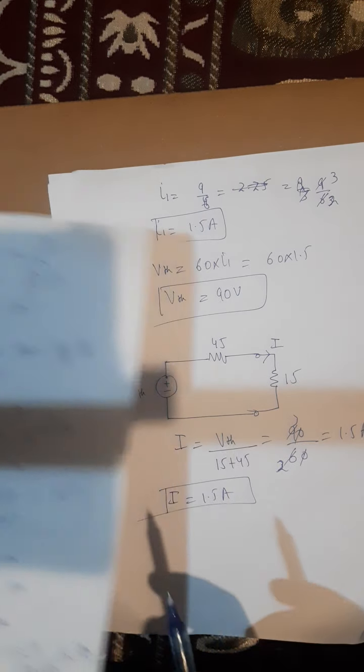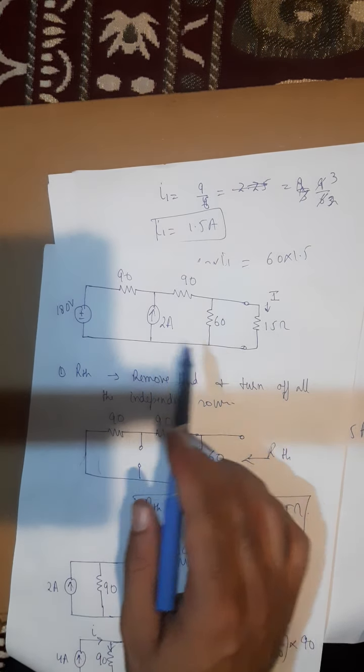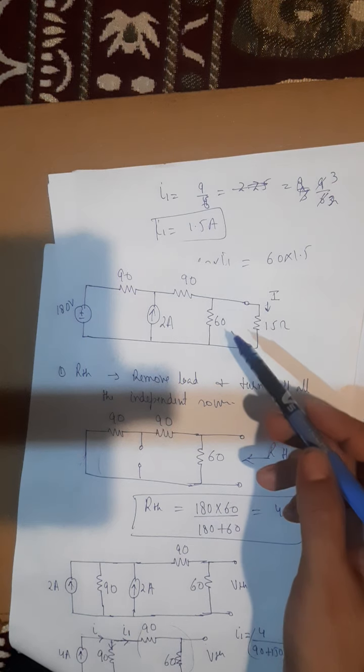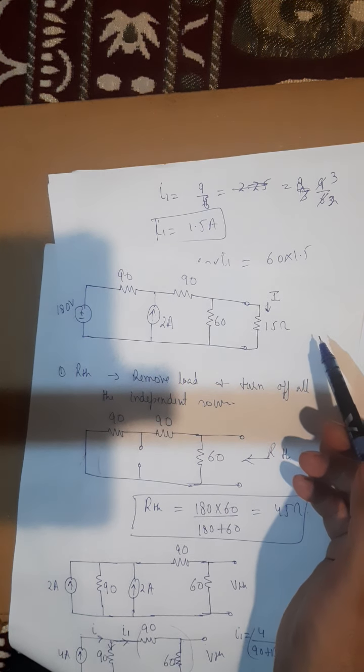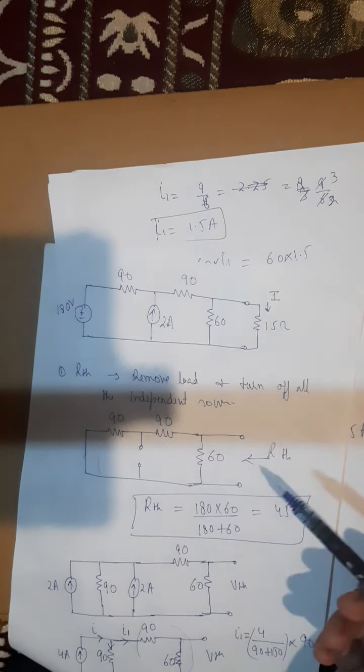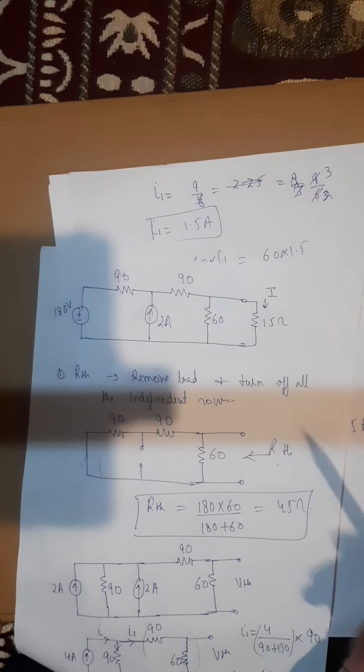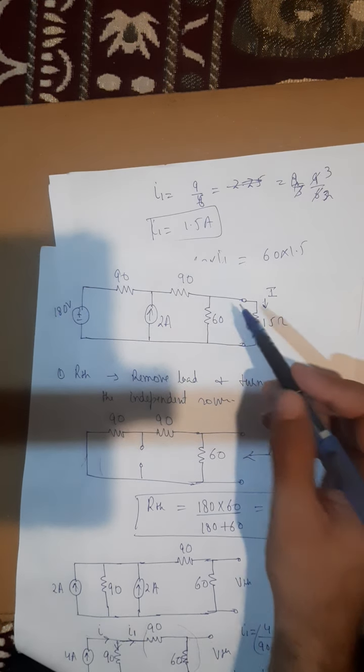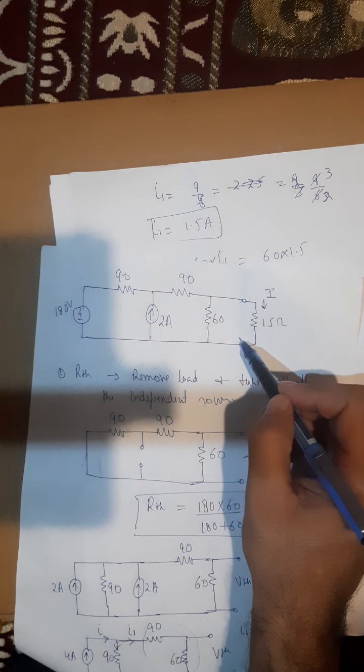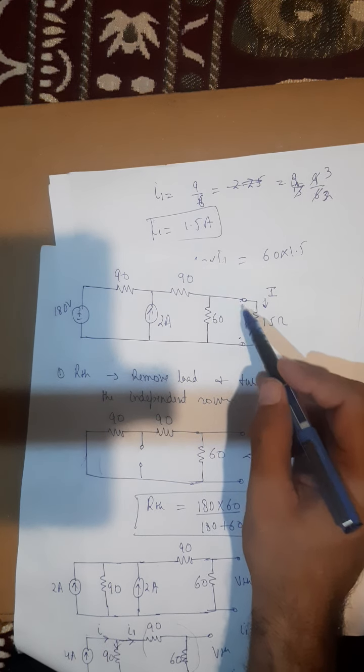This is a simple circuit, but we can have a more complex circuit. This is what we are doing. First, we remove the load and turn off all the independent sources, then we calculate RTH. In the second step, we remove the load and calculate the open circuit voltage across the load terminal, which gives me VTH.